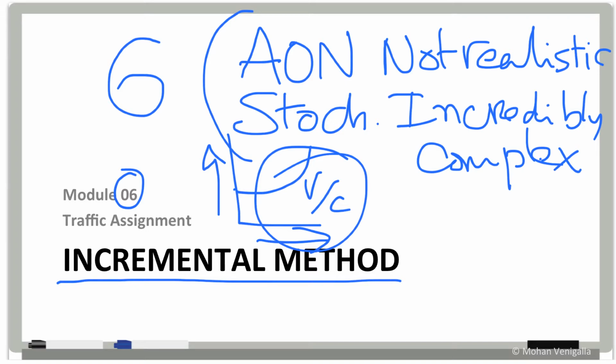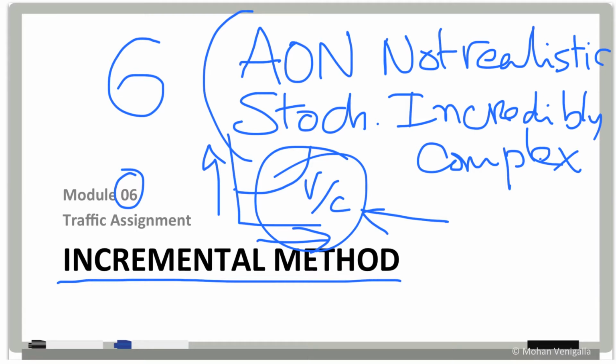Okay, now let's try to do slightly better than all or nothing and stochastic, with a mechanism with which we can incorporate the relationship between travel time and volume to capacity ratio. That is essentially where we start, with a method called the incremental method.